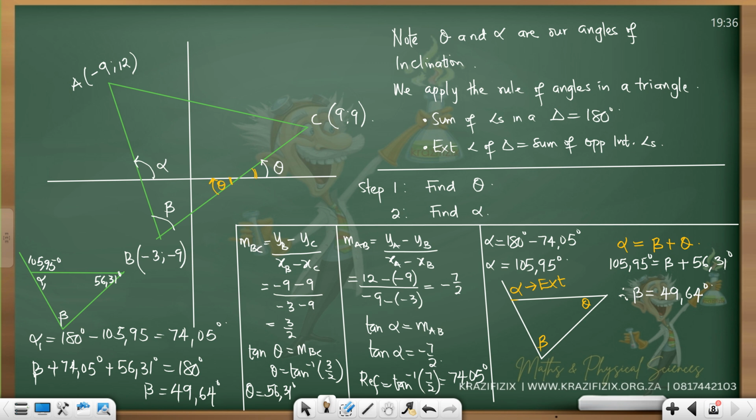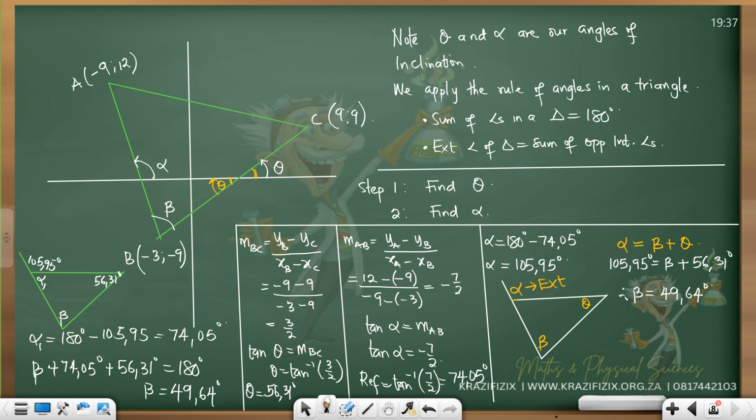Guys, everything we have done so far has just been on gradient. That's how important gradient is. Everything we've done so far has been on gradient. Let's add maybe 3 more points to analytical geometry. So number 1 point we looked at is gradient. Positive gradient, negative gradient, undefined gradient for vertical lines, and horizontal lines have a gradient of 0.